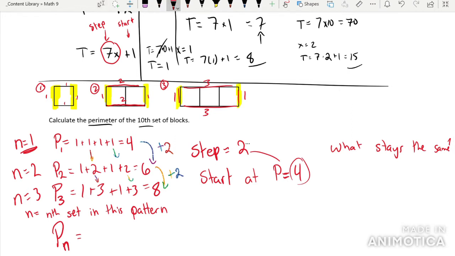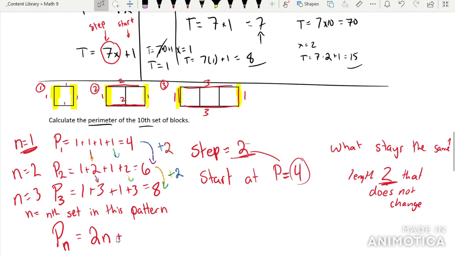So there's 2 of them, and because I'm adding with perimeter, my 2 sides are staying the same, so I have a length of 2 that does not change. So an amount that doesn't change is going to be what I add on to the end, and my step is equal to 2, so I can rewrite this as 2 times n plus 2.